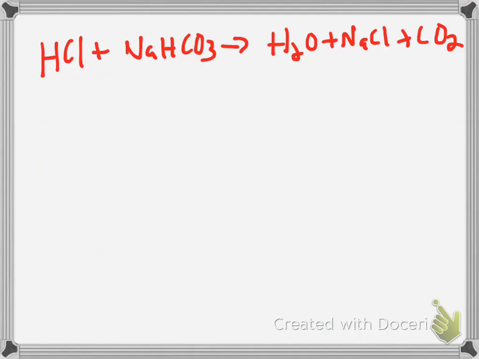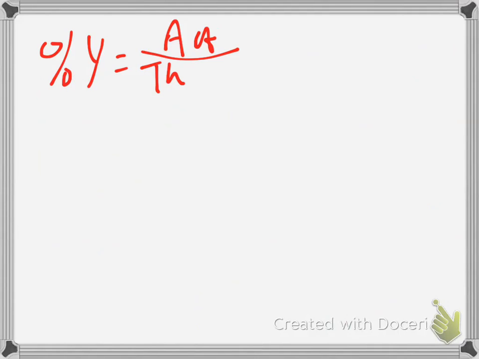Okay, and we were solving for salt. So the question here now is asking, when hydrochloric acid is added, what is the percent yield? So we're going to be looking for percentage yield, which is equal to our actual over our theoretical value. Okay, remember the theoretical value comes from the chart.